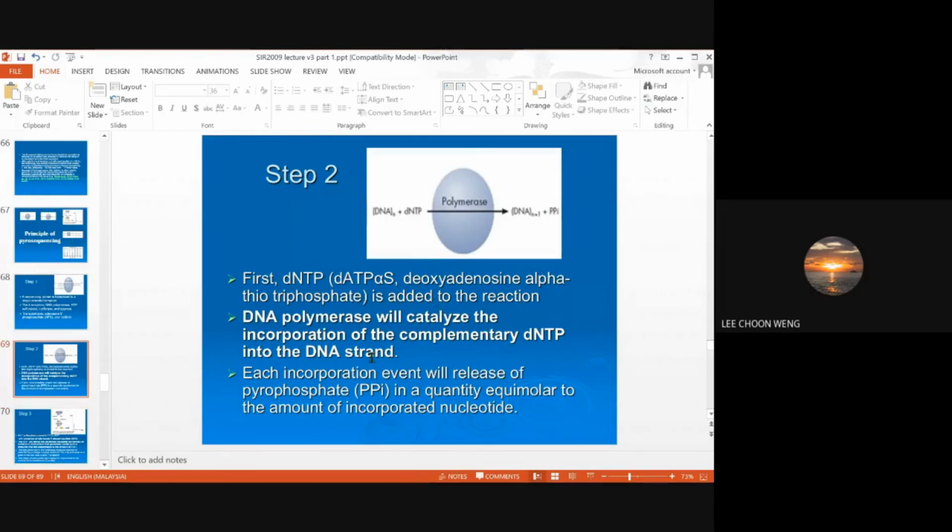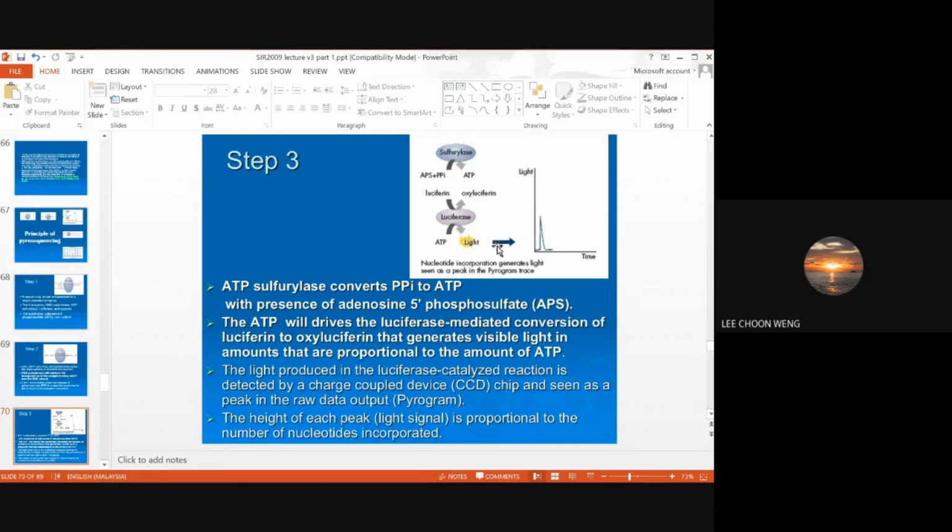So this is important. Each incorporation event will release pyrophosphate in a quantity equimolar to the amount of incorporated nucleotide. Okay, what does this mean? This means that if this represents one cytosine being incorporated, if the height here is double, that means 2 Cs are incorporated.